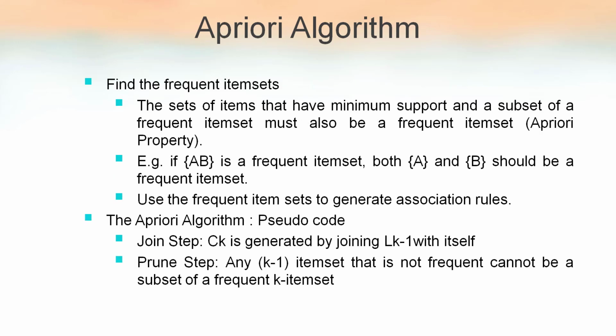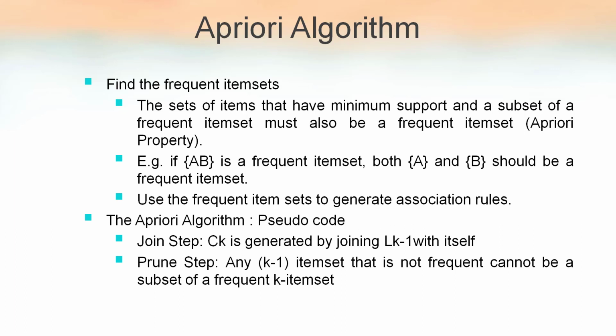To find the frequent item set, the first point is the set of items that have minimum support, and a subset of a frequent item set must also be frequent. It means all non-empty subsets of a frequent item set must also be frequent. If item set AB is a frequent item set, then both A and B should be frequent item sets.